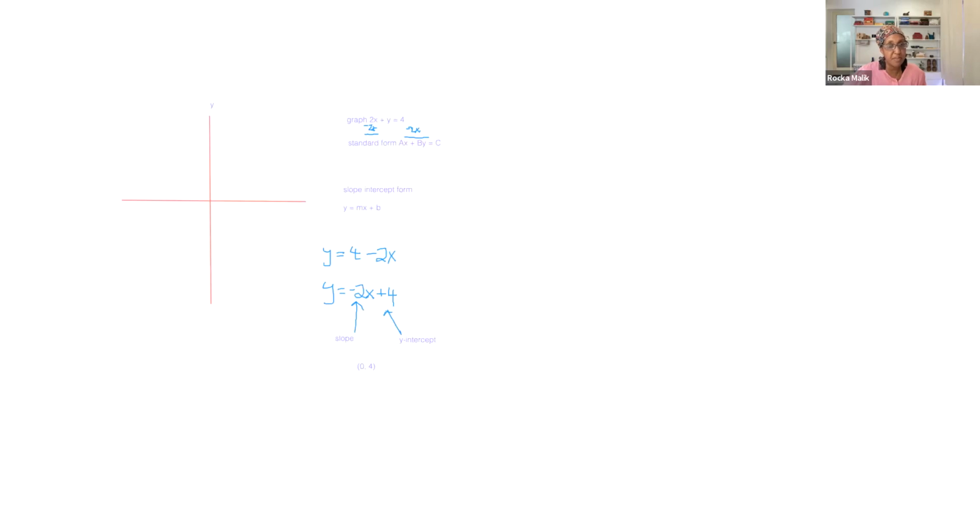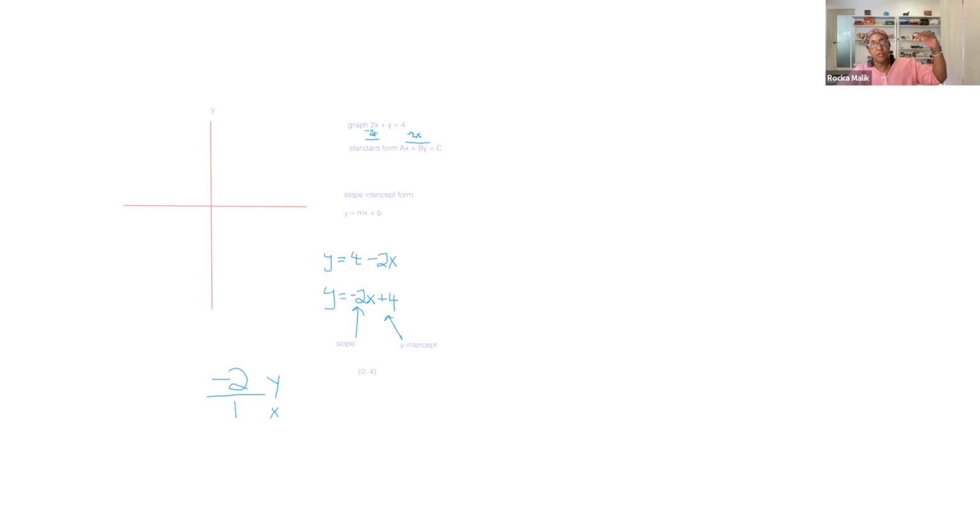The slope is -2. You always try to write your slope in terms of a fraction because you're gonna have a y and an x. So my slope is -2, which is my y business, and over 1, which is the x business. When I look at the graph, is the graph gonna go downward?